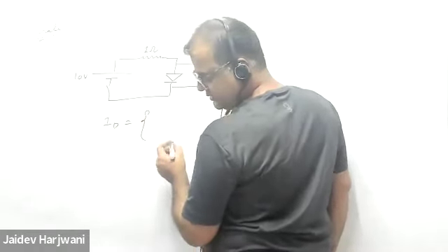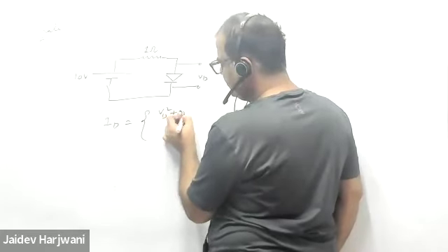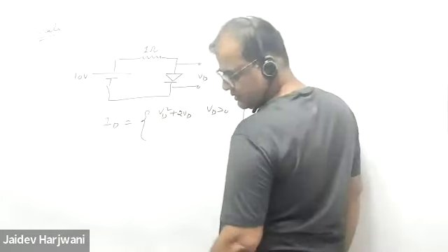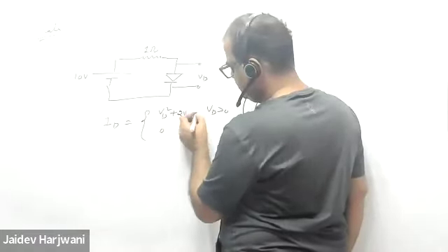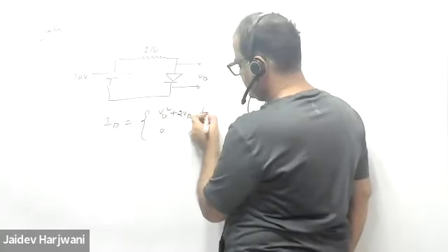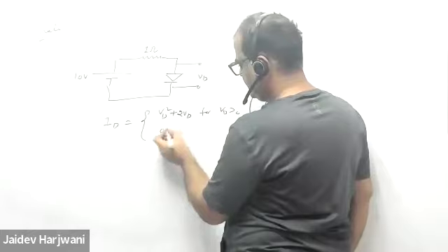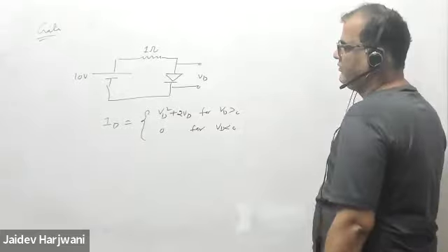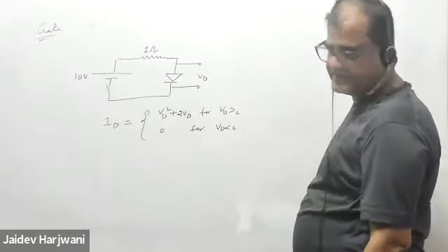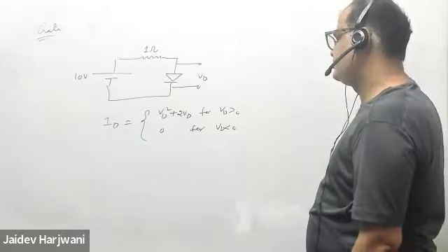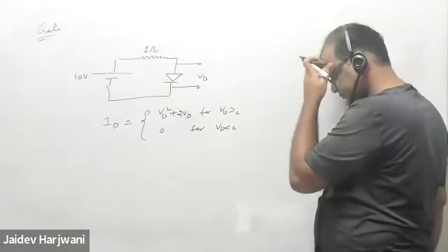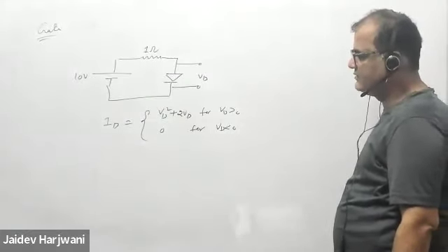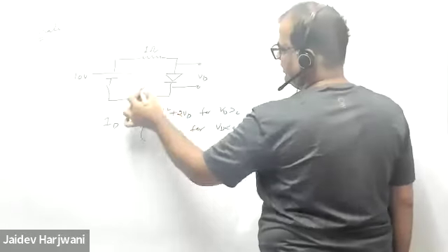ID equals VD square plus 2VD, if VD is greater than 0, and the current is 0 for VD less than 0. Now the voltage across the diode is obviously greater than 0, so I assume the current ID is flowing.